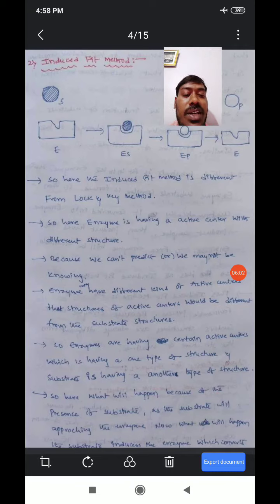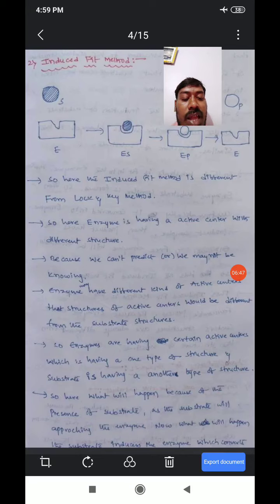Enzymes have certain active centers which have one type of structure, and the substrate also has another type of structure.